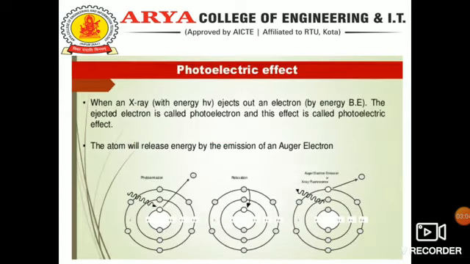and this is the photoelectric effect. In this, when an X-ray which has the energy E equal to h nu ejects out an electron, then the ejected electron is called photoelectron, and this effect is called photoelectric effect.